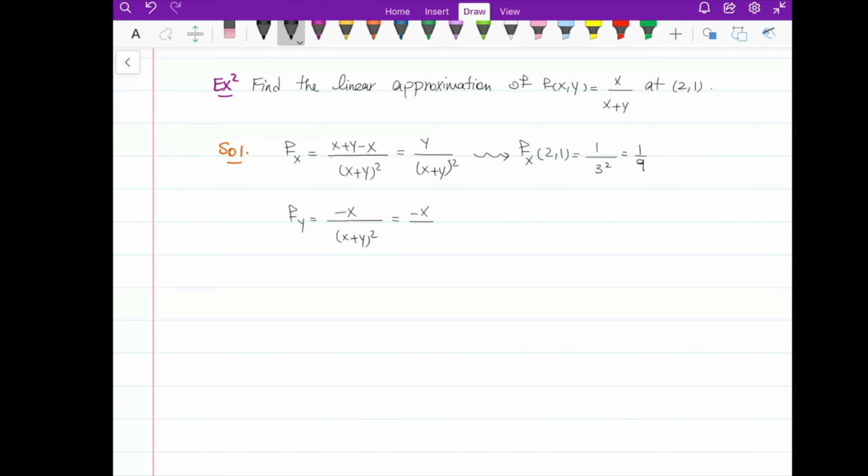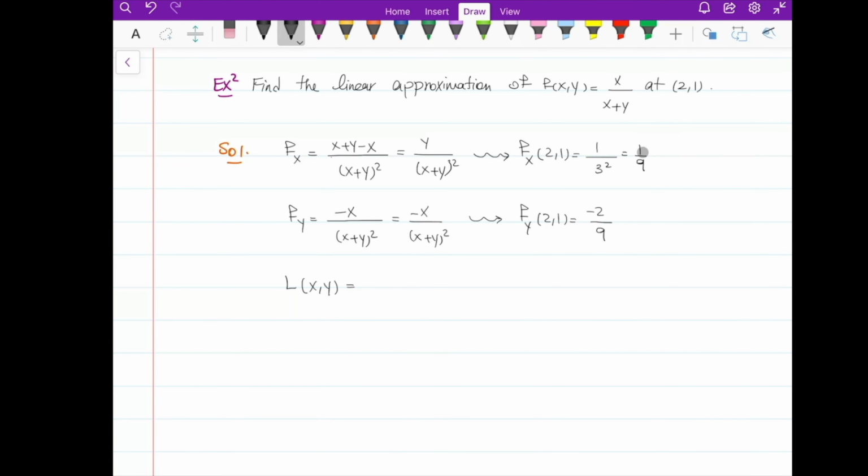So I get negative x over (x + y) squared. I just basically rewrote that. fy at (2, 1) is negative 2 over 9. Very good. So what would the linear approximation be?